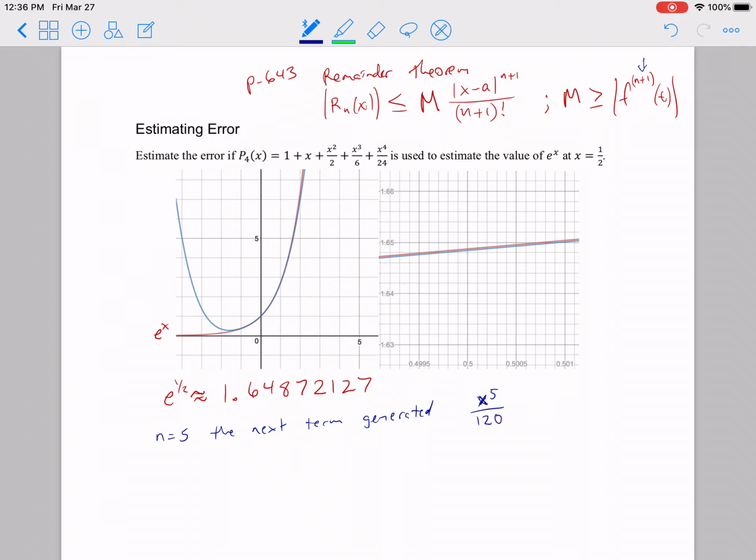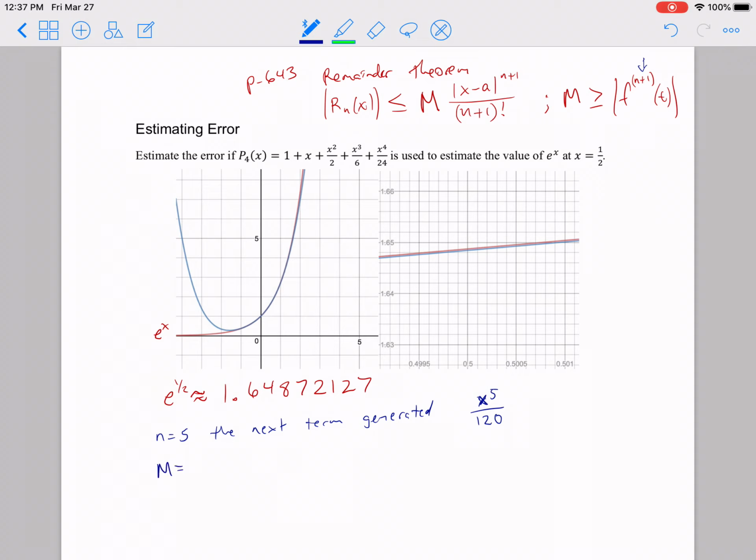Now our error. We just did e to the 1/2 already, 1.648. So I'm going to pick something. I know that as e to the x goes up, it keeps increasing, so I'm going to pick something that's going to put me above it, but not too far above it. I'm going to just go with 2. I'm going to let m equals 2.